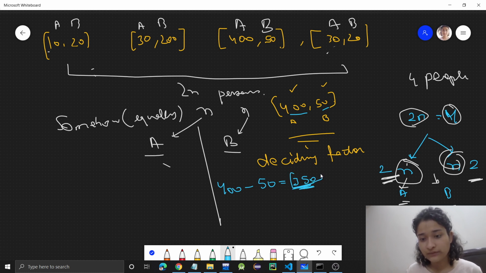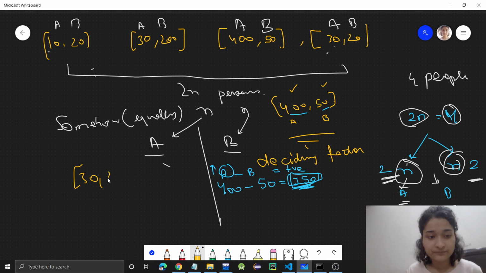But this is positive, right? We are subtracting A cost minus B cost, so we are getting a positive value, meaning A's value is bigger. Let's take this one, 30 and 200. Here, if we subtract A minus B, 30 minus 200 will give us minus 170.